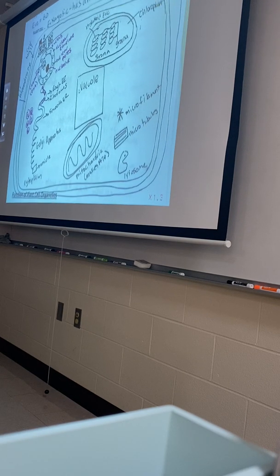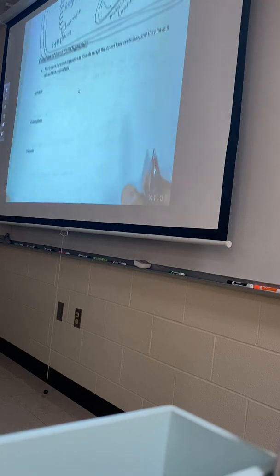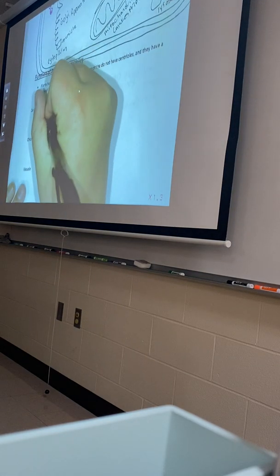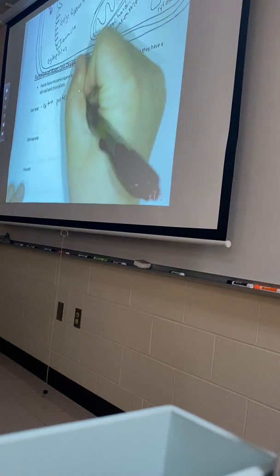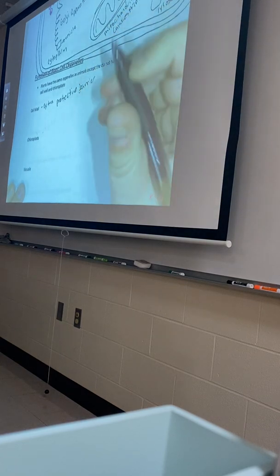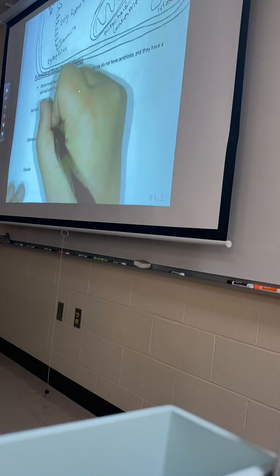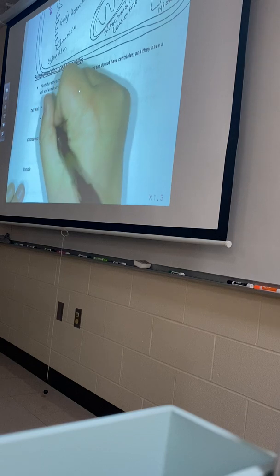Okay? So is everybody done writing down? Okay, so we already talked about this, but let's just write some stuff down. So cell wall, that's the extra protective barrier, and its main function is to protect the cell.